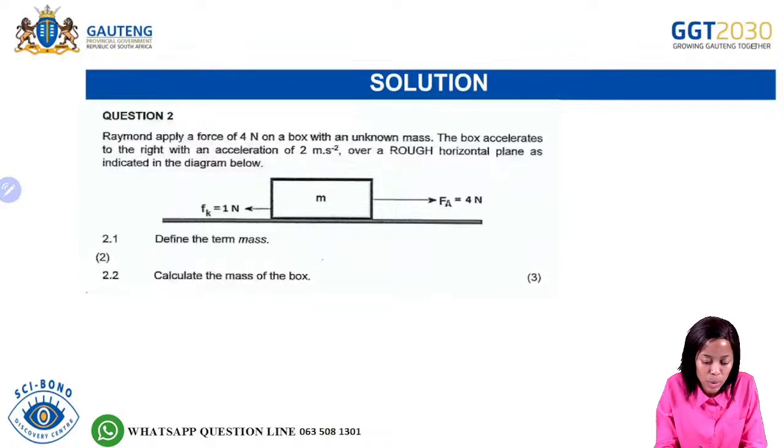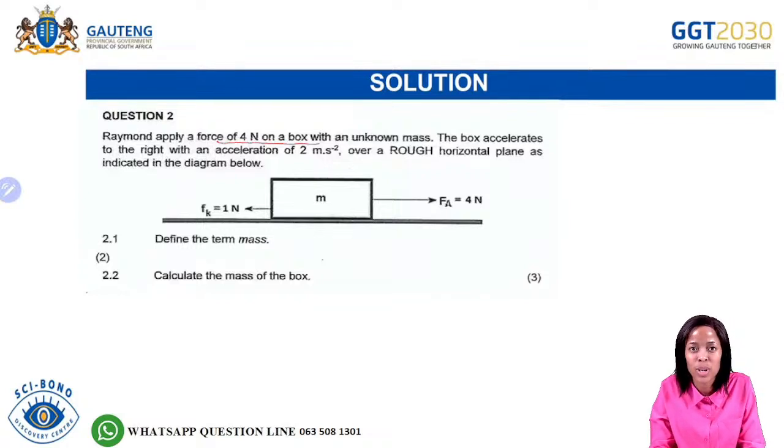Okay, so let us continue here. It says Raymond applies a force of 4 Newton on a box with an unknown mass. So we have a force, and we can see that it is an applied force because it is given as FA. And then we also know that we have an unknown mass.